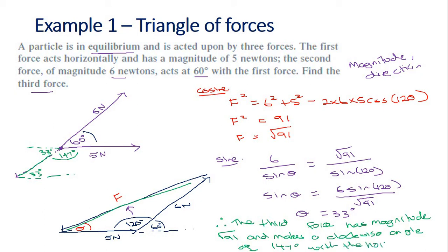So we do need to have some kind of reference for the angle. And so that's how we can use our triangles of forces and the sine and the cosine rule to solve one of these questions.